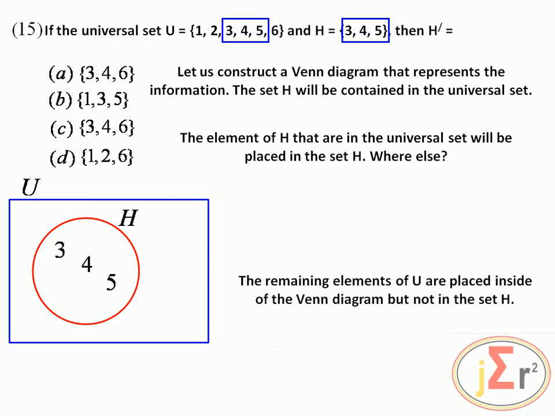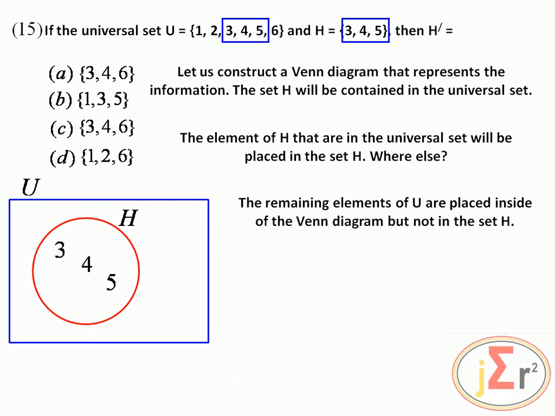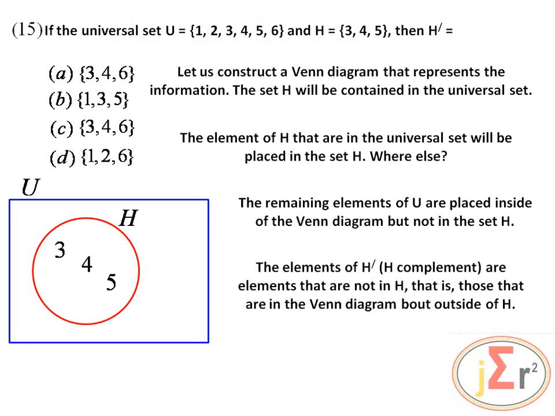The remaining elements of U are placed inside of the Venn diagram, but not in the set H. So the other elements, 1, 2, and 6, are placed inside of the Venn diagram, but not in the set H. The elements of H complement are the elements that are not in H, that is, those that are in the Venn diagram but outside of H. And we have them right there, 1, 2, 6.